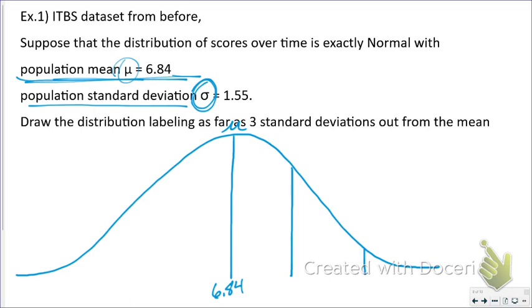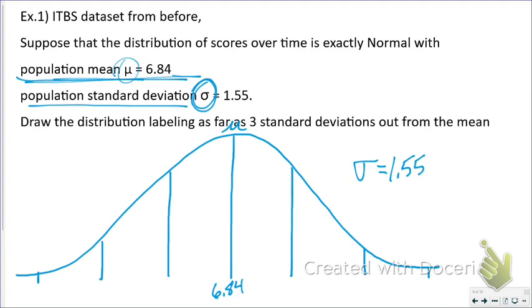So what you do here is you make vertical lines, dividing it up so we can resemble 3 standard deviations to the right, and try and make those vertical lines about symmetric on the other side. It won't be perfect because you're drawing it by hand, but give it your best shot. So I know that standard deviation in this case is 1.55.